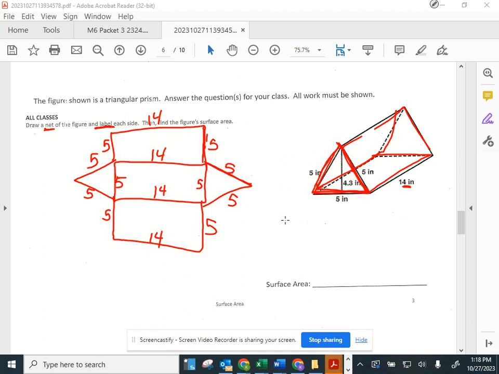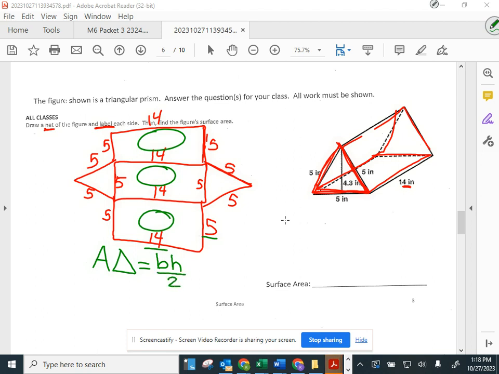Now I need to find the area of each side. My rectangle area is easy. Length times width. Who remembers the formula of the triangle area? Matthew. So we call it the base on a triangle, base times height. What else do we have to do to it?